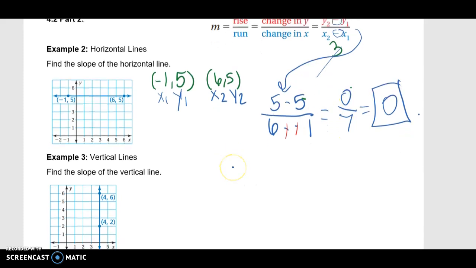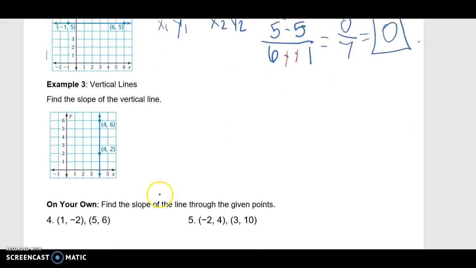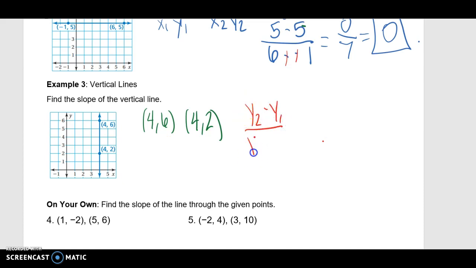All right, so you might also already know what the vertical line is without even doing the equation. Let's go ahead and write down our points, (4, 6) and (4, 2). And then I am going to use my equation. Now you can't really see it, so I'm going to rewrite it: y2 minus y1 over x2 minus x1.